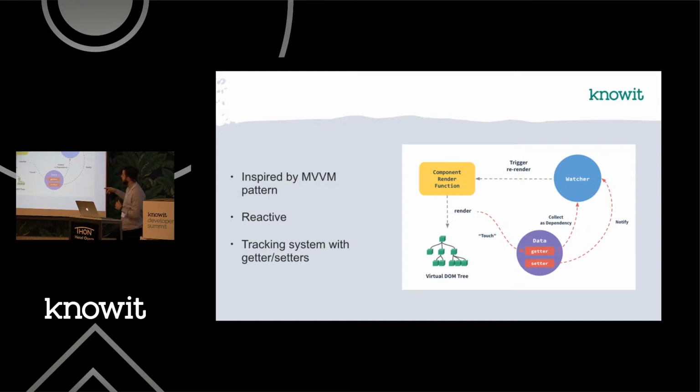Every component has a corresponding watcher instance, which records properties touched during the component's render as dependencies. When a dependency setter is triggered, it notifies the watcher, which then triggers the re-render, so the component re-renders.